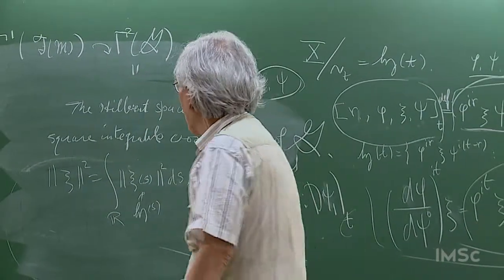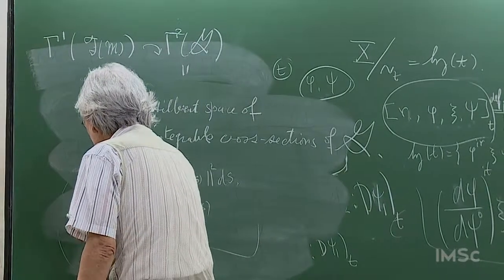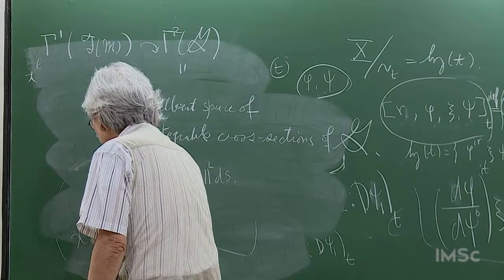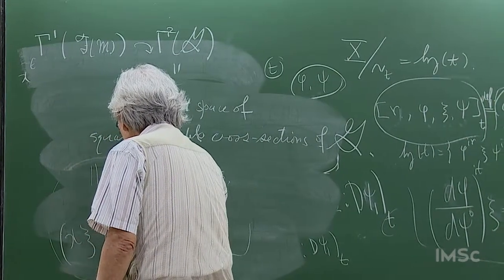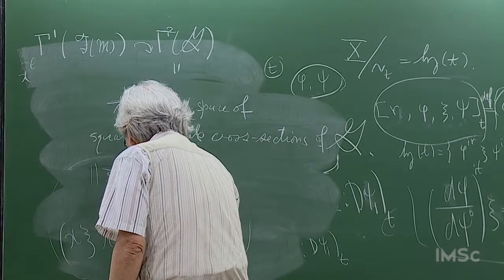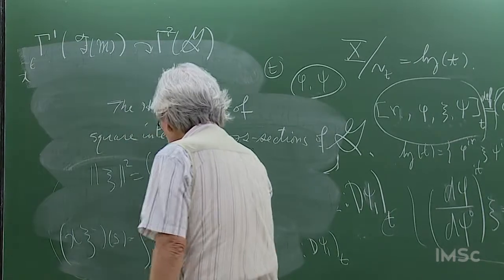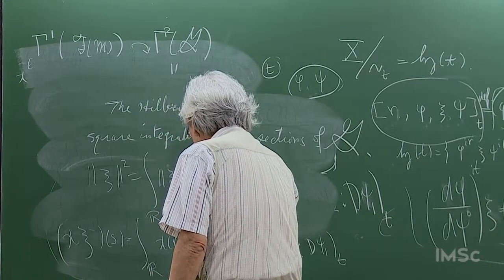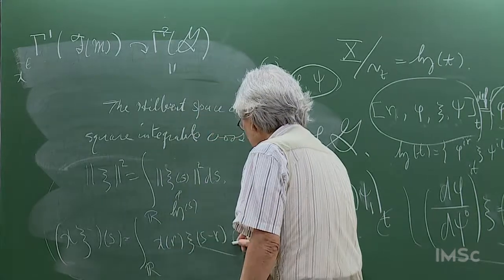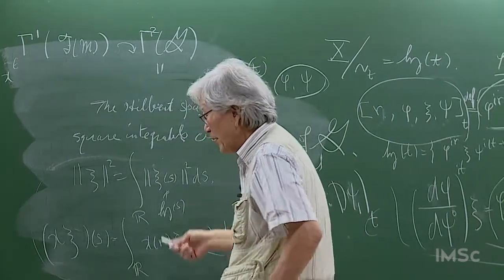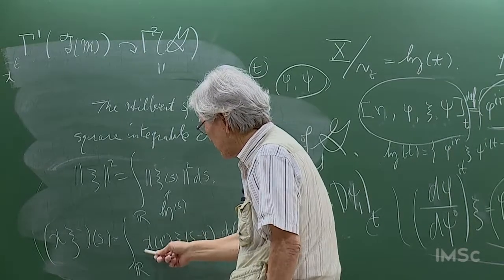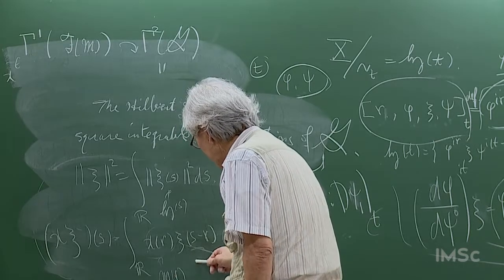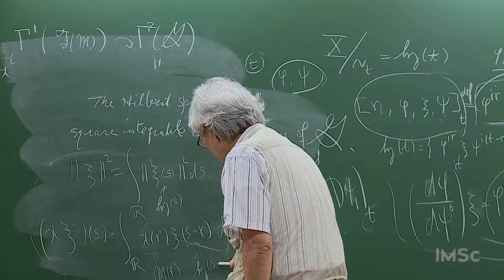And naturally, the action x psi of S equals the integral over real r of x of r times psi of S minus r, dr. And when you observe what's happening, x of r sits in M of r, and psi of S minus r sits in Hilbert space H of S minus r.